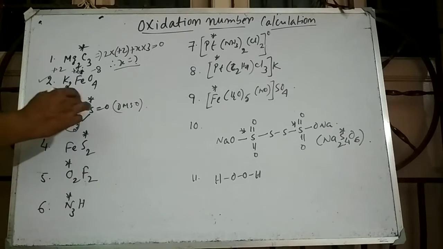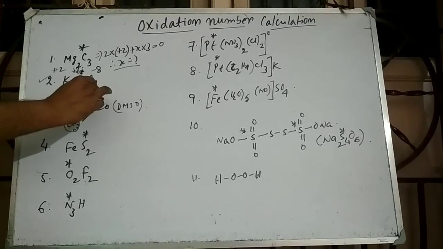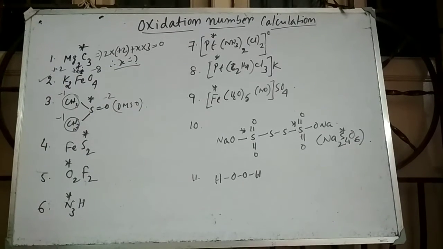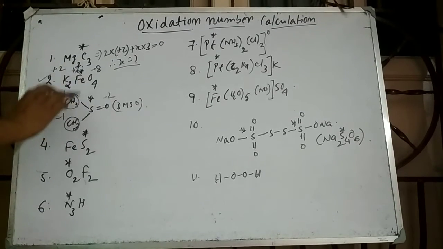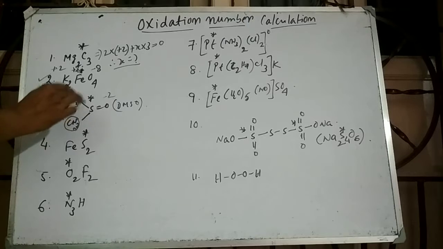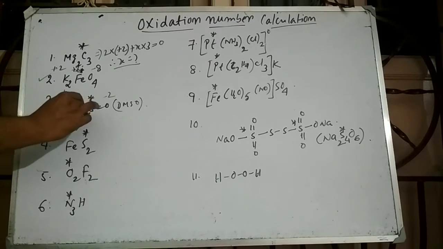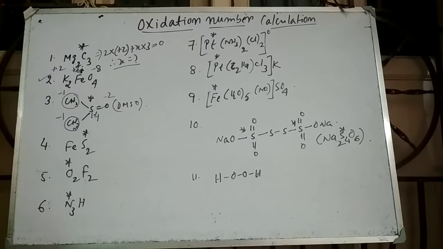Oxygen here is the normal minus 2. The total summation of the oxidation numbers is 0, so the oxidation number of sulfur is plus 4.